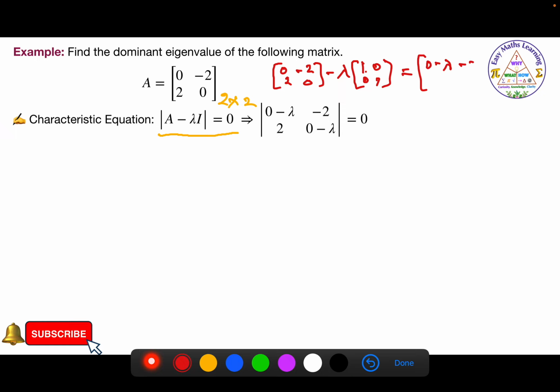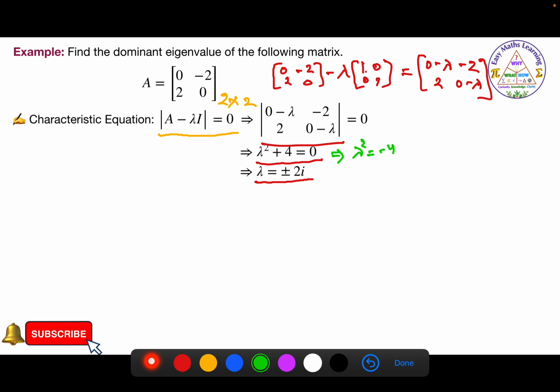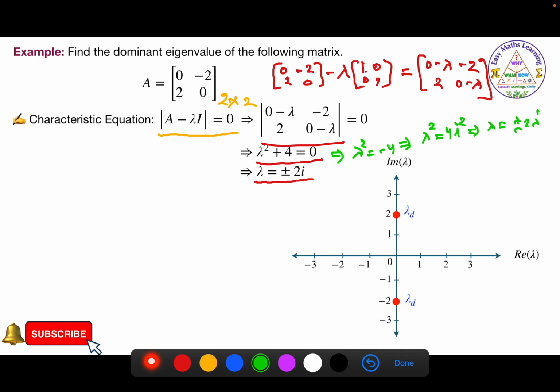We can write it as 0 minus lambda, -2, 2, 0 minus lambda, and the determinant of this matrix equals 0. The determinant gives lambda square plus 4 equal to 0. So lambda square equals -4, which implies lambda square equals 4i square. This implies lambda equals plus or minus 2i.